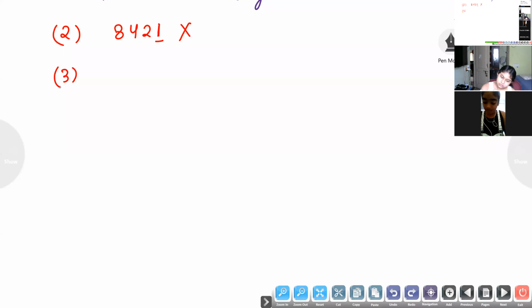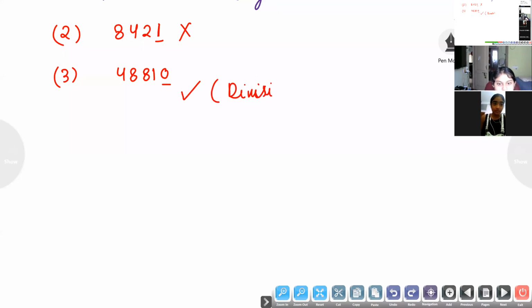Third example. 48,810. I want to check this digit is divisible by 6 or not. Firstly, I want to check divisible by 2 or not. Yes. 0 is present in one's place, divisible by 2. After that, I want to check this digit is divisible by 3 or not.